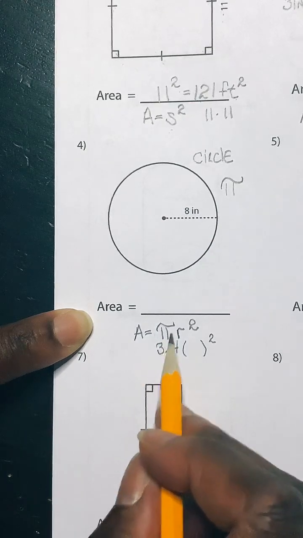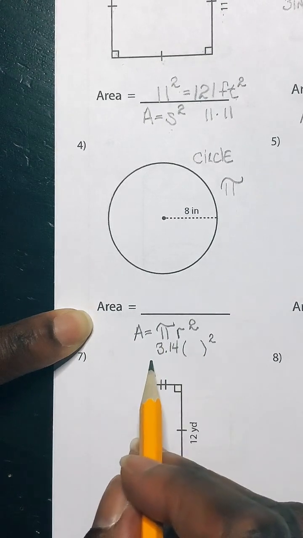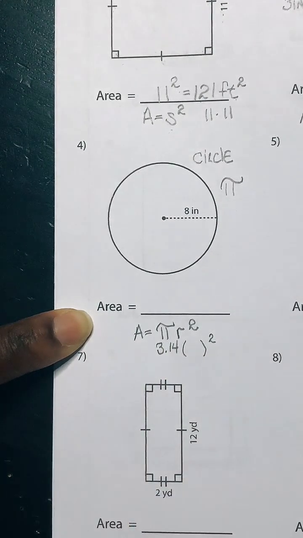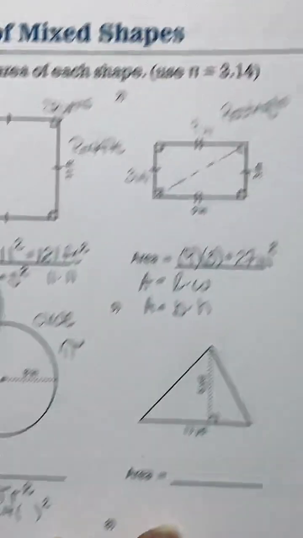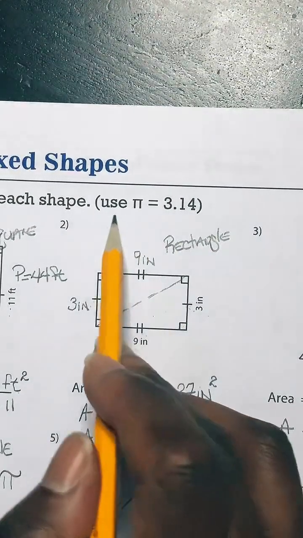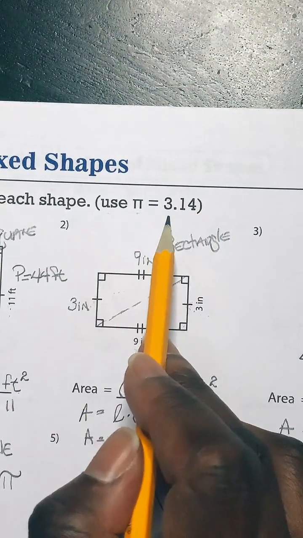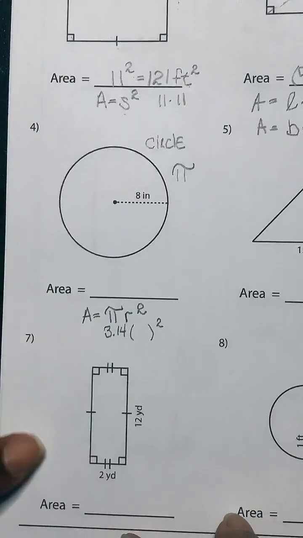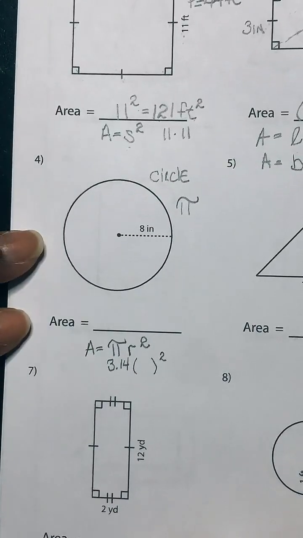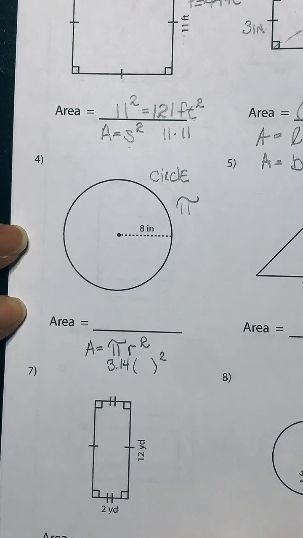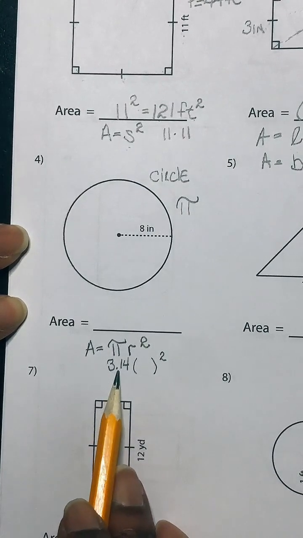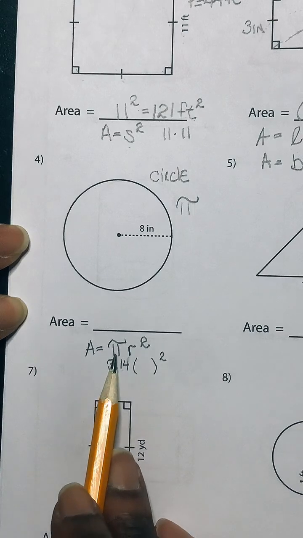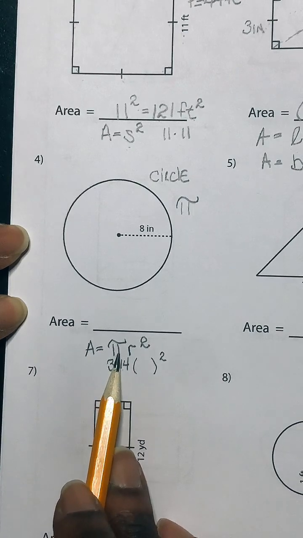Meaning, I don't do anything except bring the pi along, so I can give it its true value. But there are going to be times, like on the very top of the paper, it says use pi 3.14. So always take a look at the directions, because sometimes they might say leave in terms of pi. If they mean leave in terms of pi, that means you are not using 3.14. You're just leaving it with the pi inside.